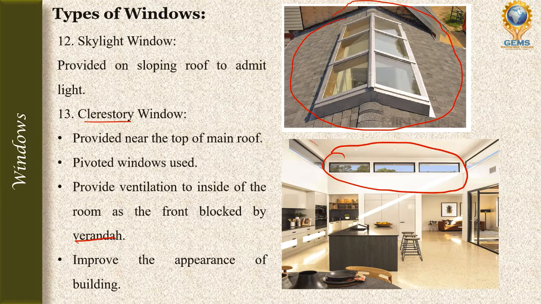We provide it near the top of the main roof only. Mostly we use pivoted windows as the clerestory window. A pivoted window can be moved in a vertical or horizontal direction. These clerestory windows are also used to improve the appearance of the building.